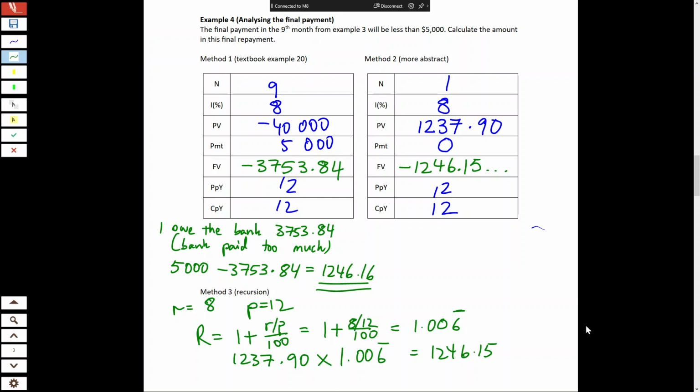Okay, so I'll leave it to you to decide which way you prefer. I think the textbook way is the easiest, but it can be longer because you've got to do this second calculation here for the 5,000.